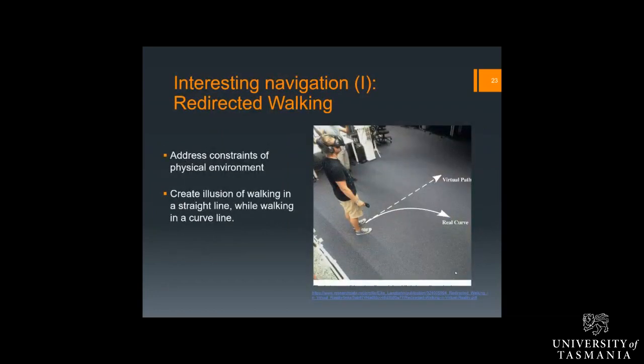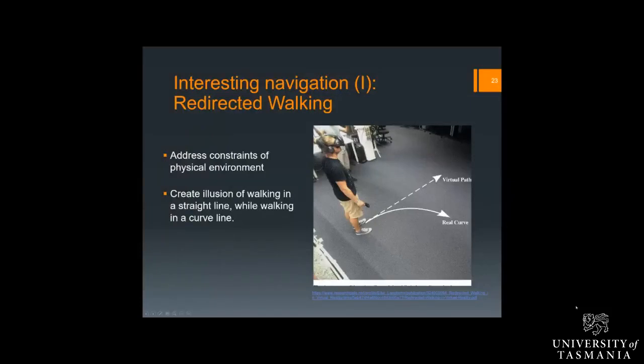This one is a bit of research work. This is redirected walking. Since you still have limitations in physical space, whether you use a tethered or untethered VR headset, this is playing a trick on your vision system. It creates an illusion of walking in a straight line.